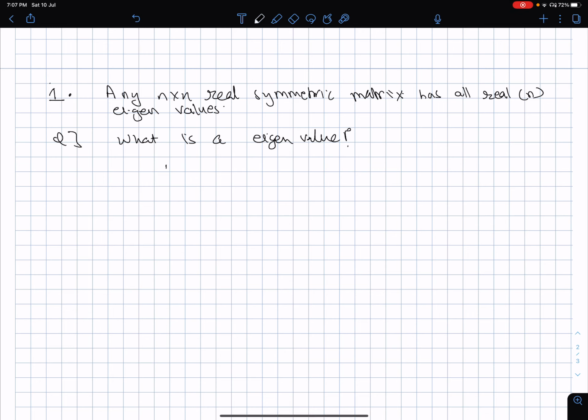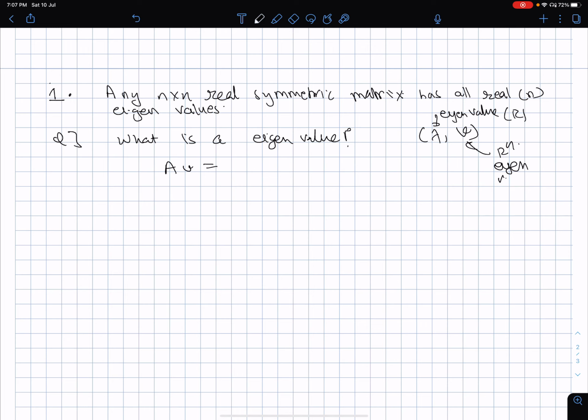The definition is: a vector v is called an eigenvector corresponding to a scalar. The scalar is called the eigenvalue, and this vector in R^n is called the eigenvector.